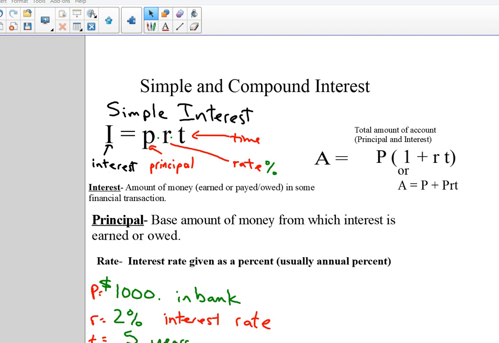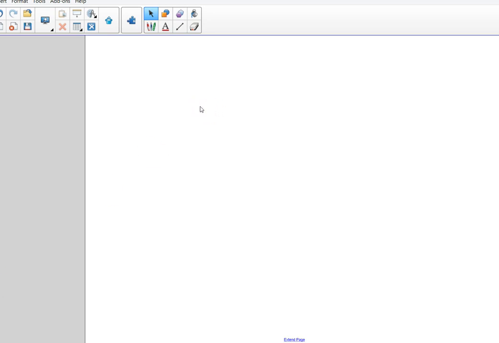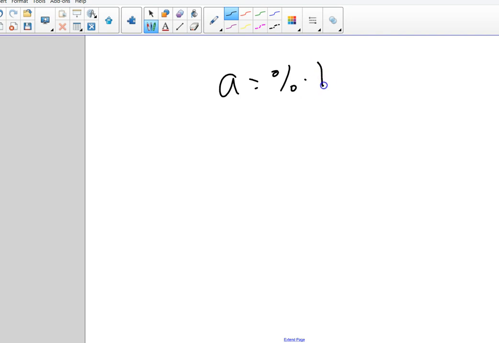Interest is another way to use percent, usually dealing with money. If we talk about A equals percent times base, the percent of some number is equal to the new amount.